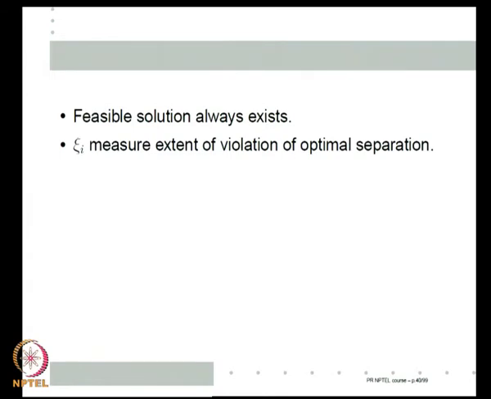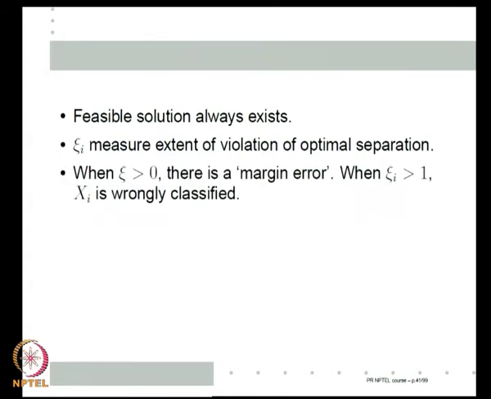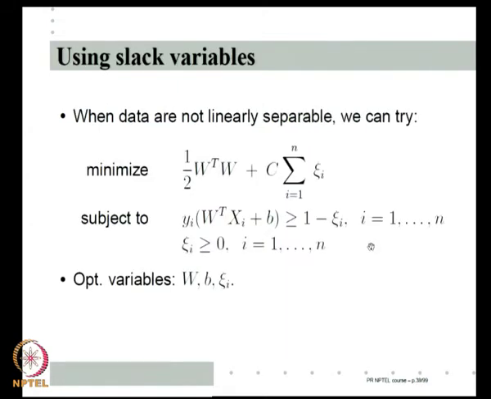ji measures the extent of violation of the optimal separation. Basically, if ji is greater than 0, then there is a margin error. If ji is greater than 1, xi is wrongly classified. If ji is greater than 0, it means yi times (W transpose xi plus b) is not greater than or equal to 1; it might be only greater than or equal to 0.5. Even then, the sign of W transpose xi plus b is the same as the sign of y.